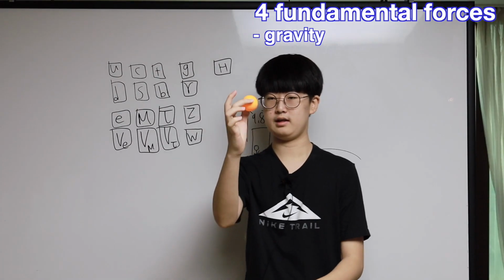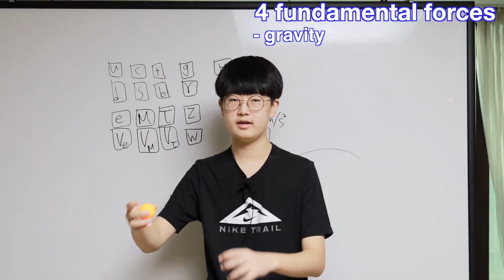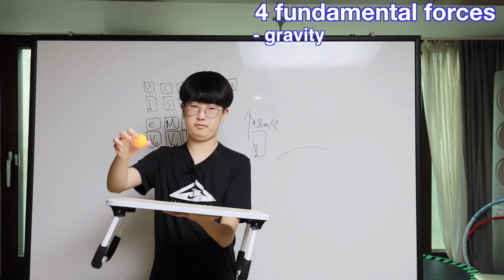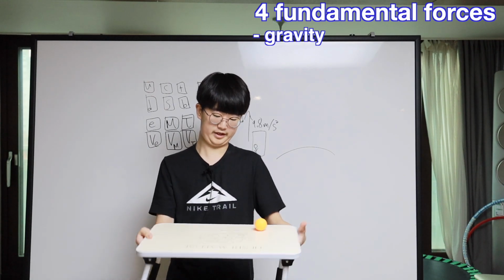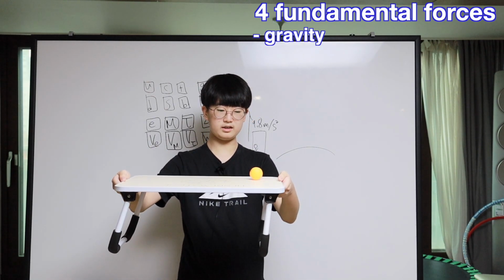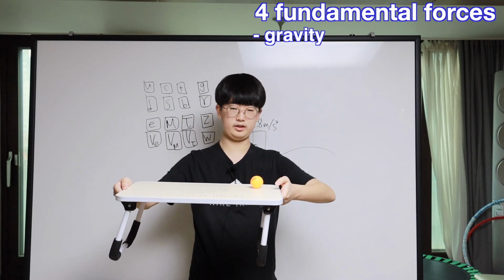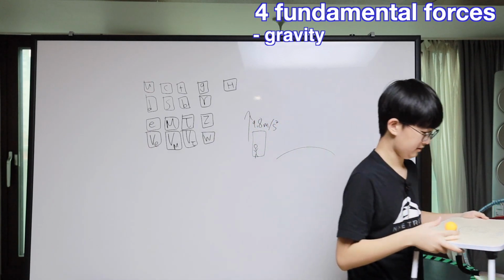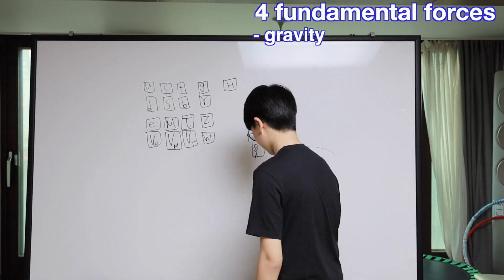Basically, we have this ping pong ball over here. We have this table, and now I'm gonna put this over here. If I accelerate this table to the left, the ball is gonna feel a force to the right, like that. Simple stuff.